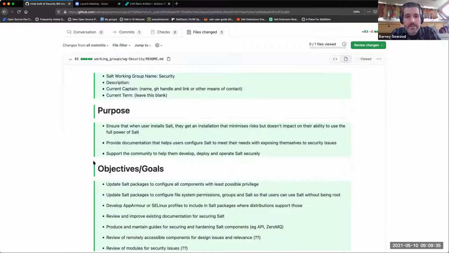Cool. Okay, so as we briefly discussed before the meeting started, this was just some of my ideas, once we had started discussing the possibility of a working group for security, on what that might look like, what we could do, and how we could fit that into the format that I think Sage has been putting together for the working groups.